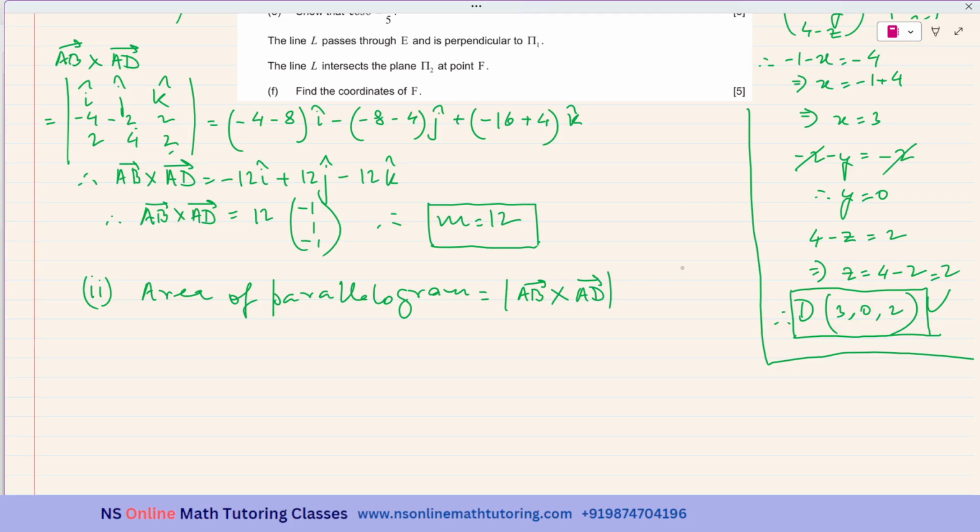So, this is equal to 12, I can keep the 12 as it is. 12 is a number and I have to get the magnitude of this vector. So, it is minus 1 whole square plus 1 square plus minus 1 whole square, which is equal to 1 plus 1 plus 1 is 3. So, it is 12 root 3 square units.